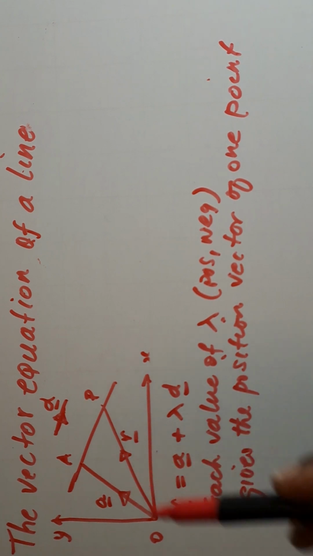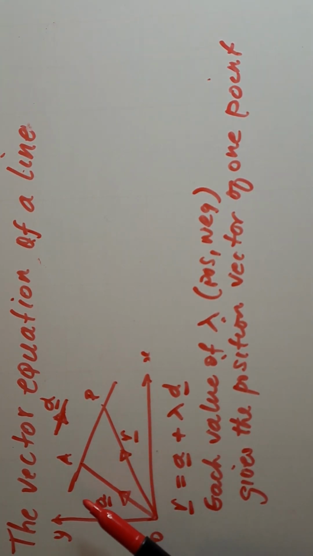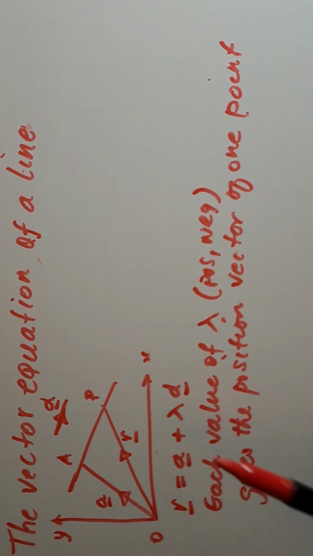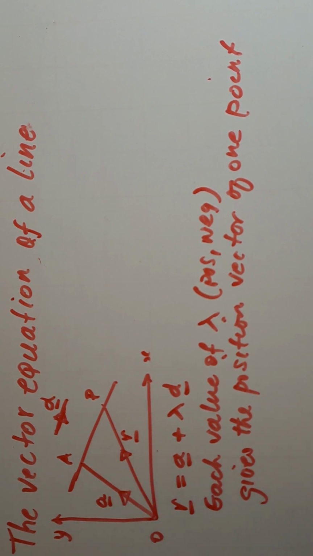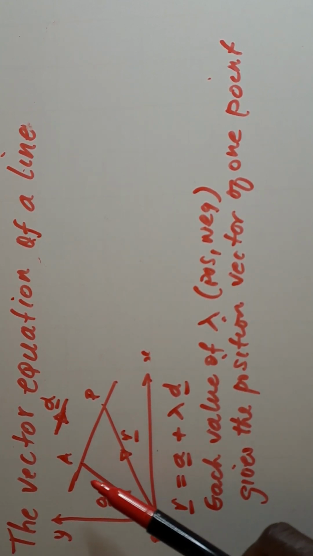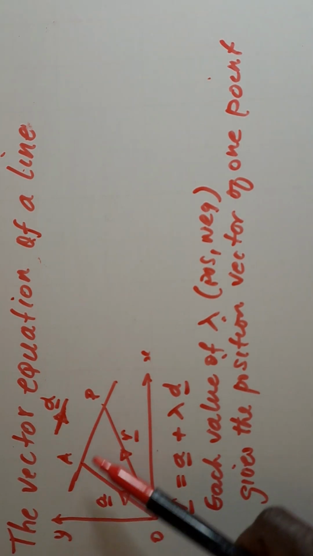So it's a way of modeling the movement of R along this line here. All we have to do is change the value of lambda and we get a different position. And for different values, we can actually find a position vector for each point on this line.